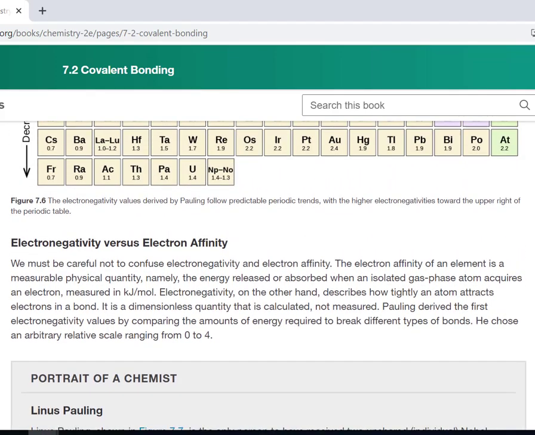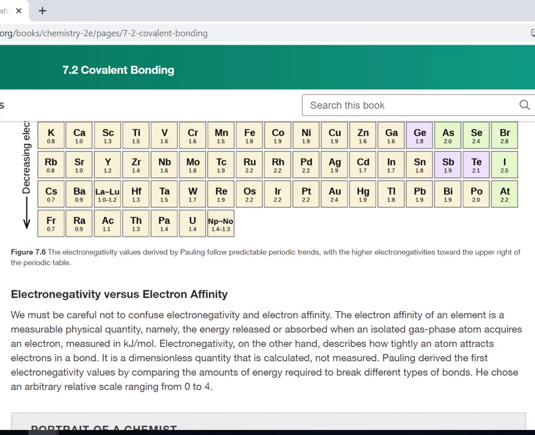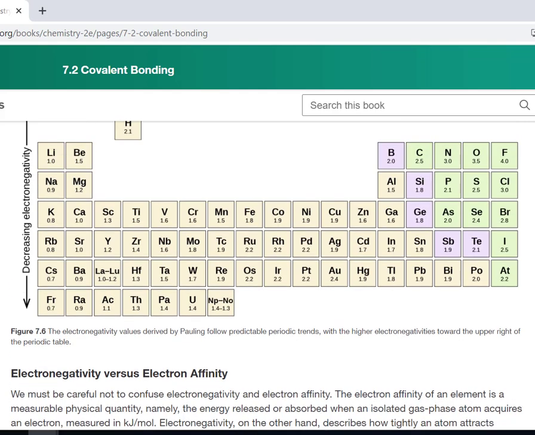Just to point out, this is not exactly the same as electron affinity, because electron affinity is something that can be measured by experimentation. This is a calculation that is done based on observed things, as opposed to just an experimental result. So just be aware of that difference as well.